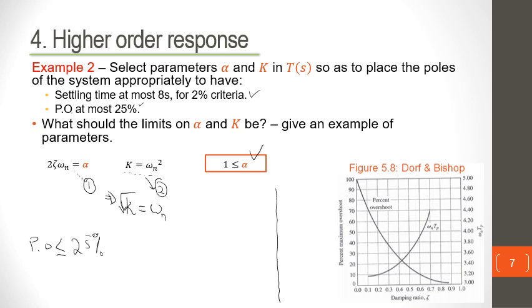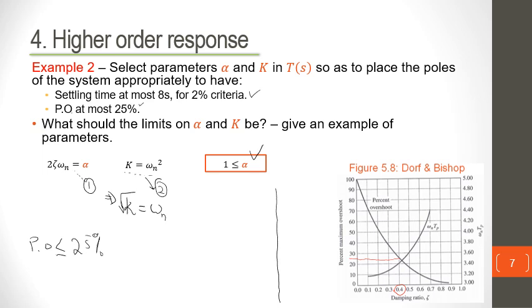If we look at this figure, which discusses the peak overshoot, we can see that a 25% peak overshoot is around here, and this corresponds to a damping factor of around 0.4. Which means the peak overshoot of 25% corresponds to the damping factor of 0.4.